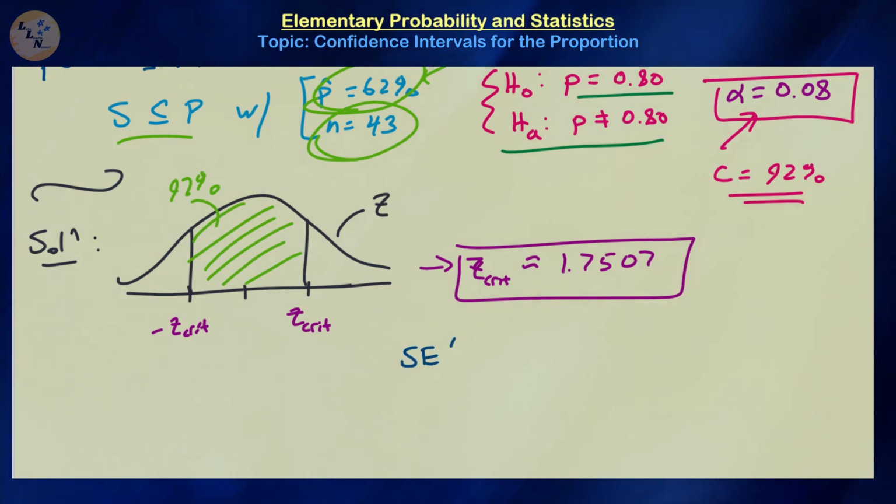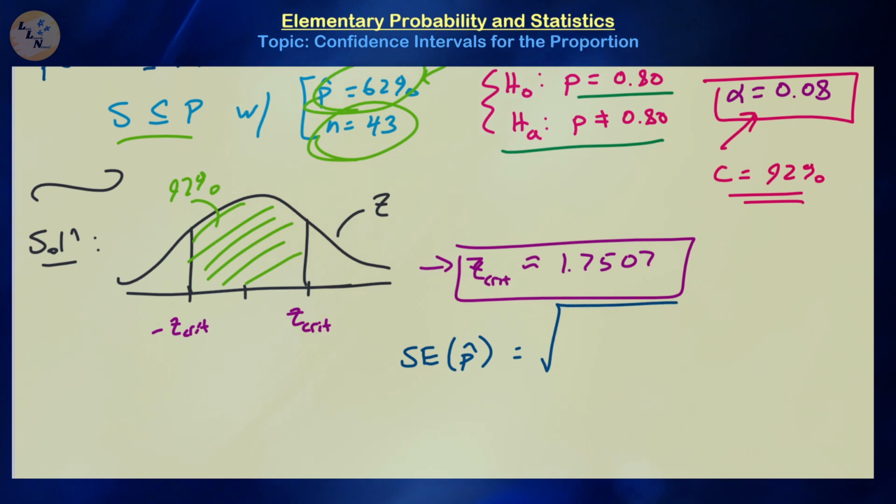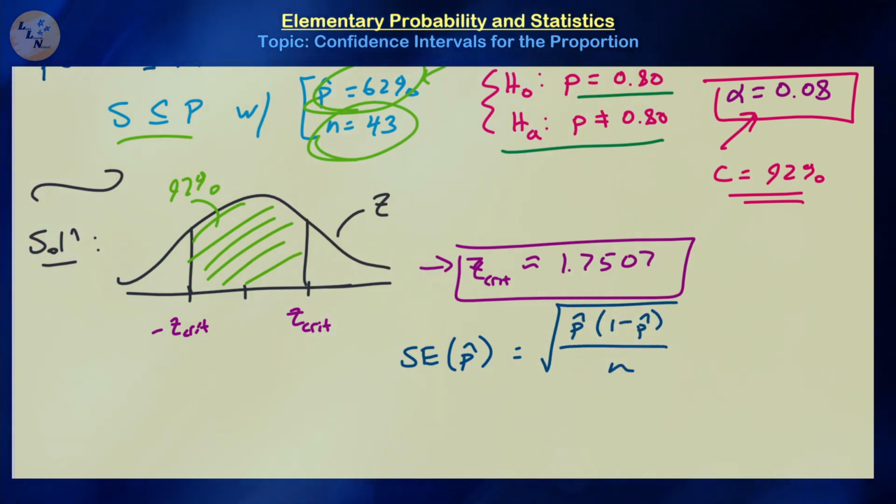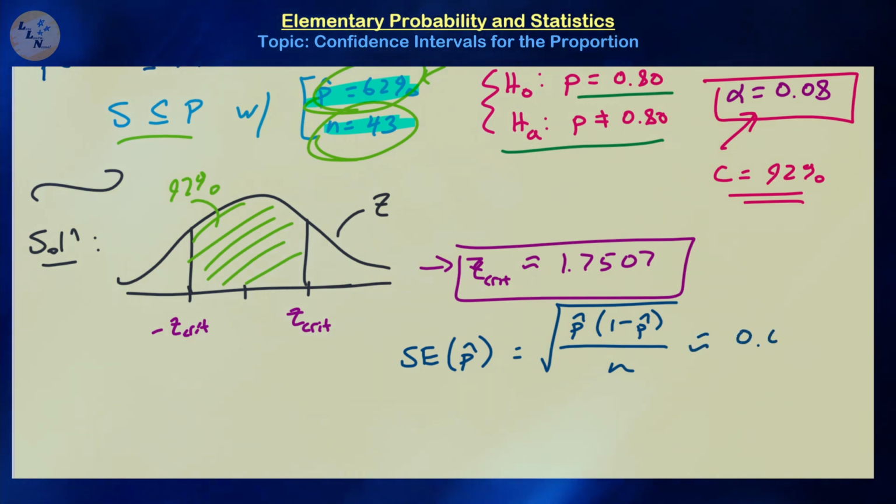So the Wald approximation for the standard error for not x bar but p hat is going to be equal to the square root of p hat times 1 minus p hat divided by n. Once you replace p hat with 62% and n with 43, then you're going to find that this is going to be approximately equal to 0.0740. Keep in mind that this is a percentage.